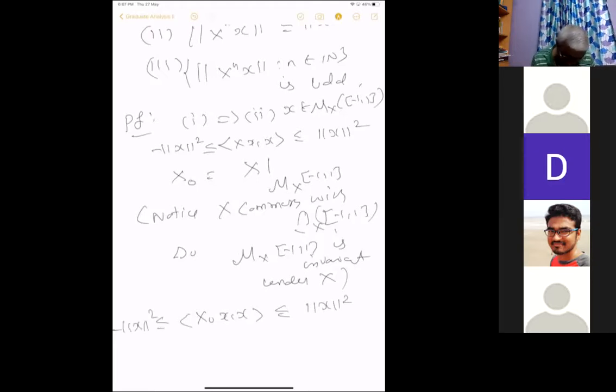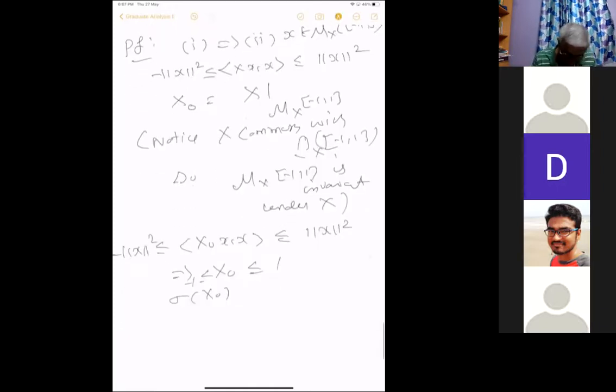So by the earlier argument, this implies x naught is less than or equal to 1 and greater than or equal to -1. So the spectrum of x naught as an operator on this subspace is contained in [-1, 1] by the positivity argument which I have gone through. So norm x naught is less than or equal to 1, and norm x naught power n is also less than or equal to 1.